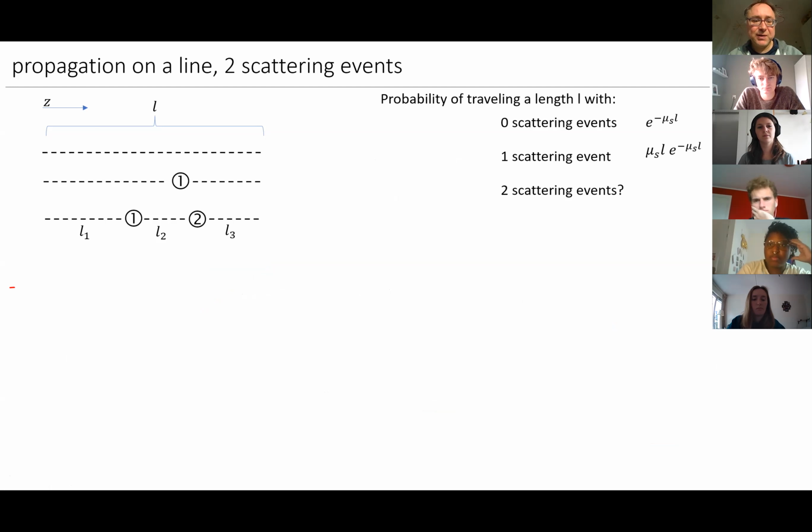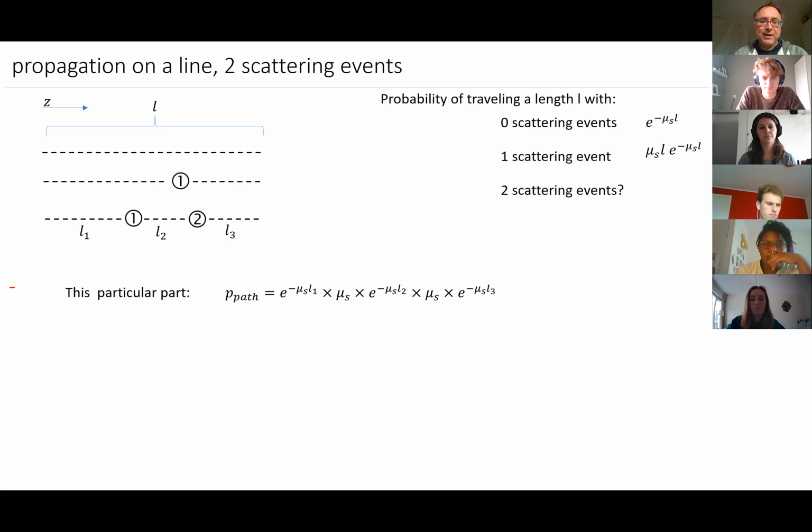So again, what we're going to do is split this trajectory into sub-events. So an interaction-free propagation to scatter site number 1, then a scattering event there, then interaction-free propagation to scatter site number 2, an interaction there, and then a scatter-free propagation to the end. So let's look at then again the likelihood for this particular path, which has the familiar ingredients.